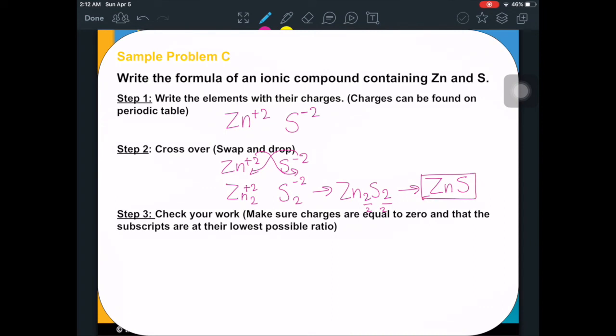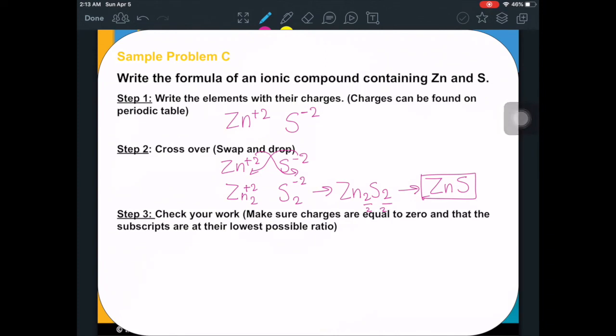So anytime you get a situation where the two numbers of your compound are exactly the same, or you've reached a point where you can divide them to make them less, you should divide them and simplify them to their simplest form, okay? So now let's just go ahead and check.